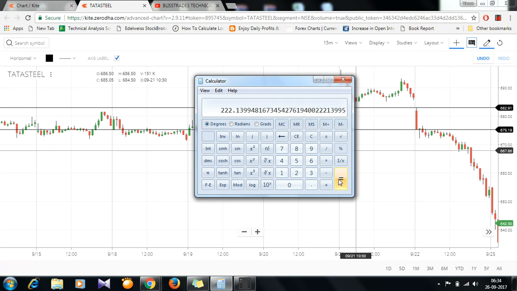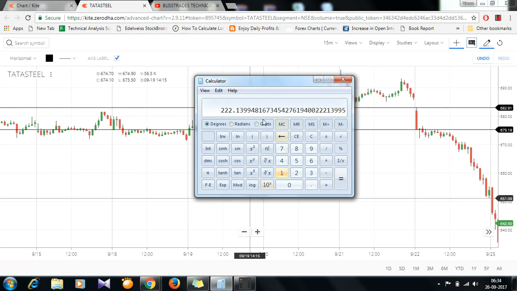So my max risk is going to be 222 shares into 7.65, that is 1699. So before entering the trade itself, I know that 1699 is going to be my max loss.